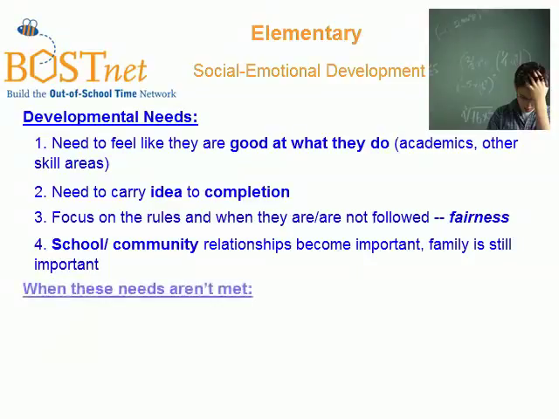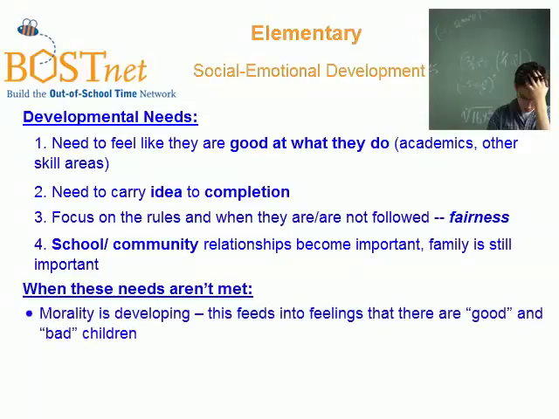When these developmental needs are not met, there are some issues that we see arising. First, because morality is developing, if a sense of fairness isn't clearly explained, that can feed into the feelings that might have been arising from the previous developmental stage around the idea of there being good children and bad children.